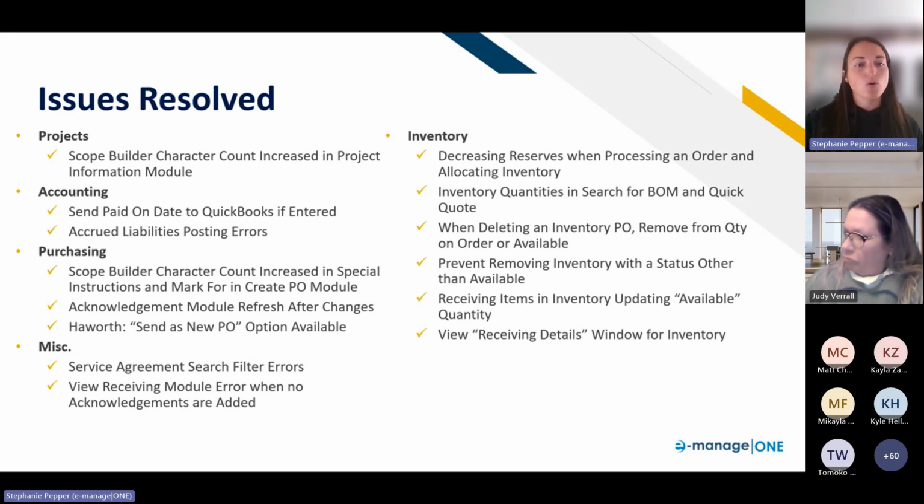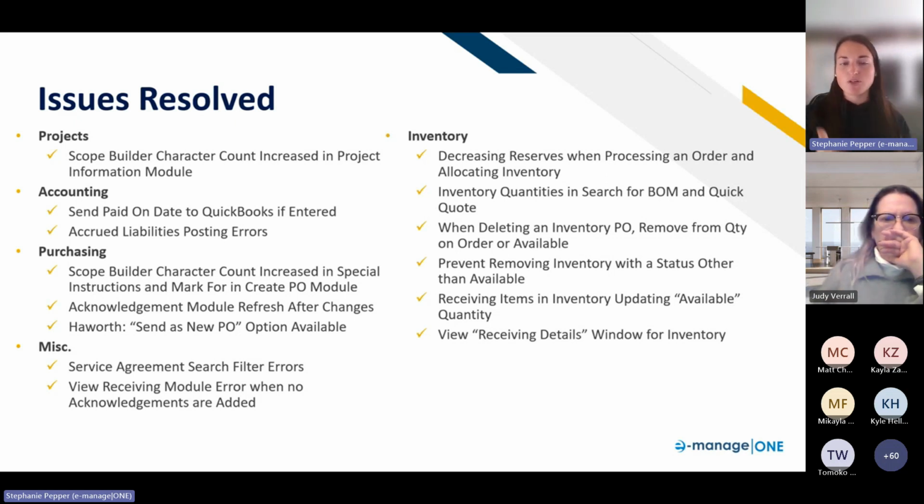When we talk about the manual entry that we do in accounting, let's let the system do what it does best and let's do some automated journal postings, right? So accrued liabilities, that feature is documented very nicely in the help guide. Go take a peek at that. That's your unbilled cost.